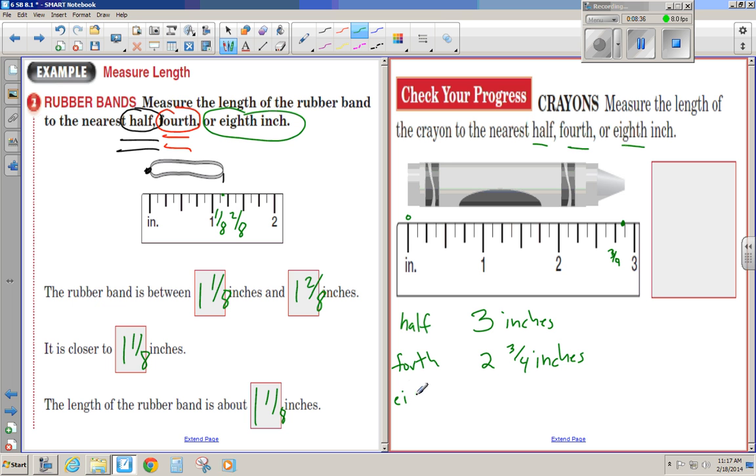If we're looking at eighths, at least where I drew my dot, this would be an eighth. That would be 7/8. So we're looking at 2 and 7/8 of an inch. Okay, that's how you set up these estimations.